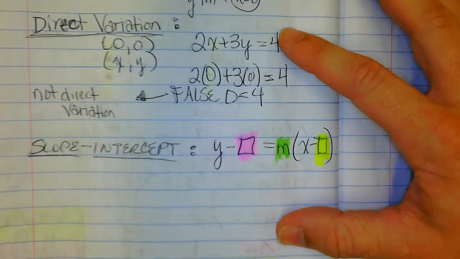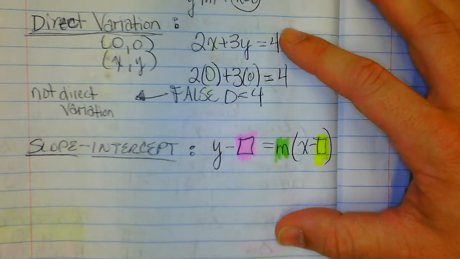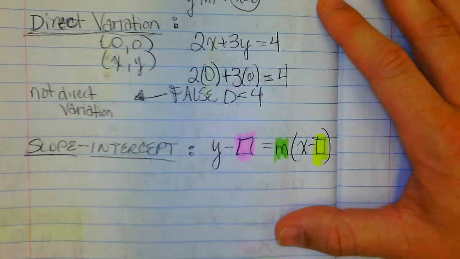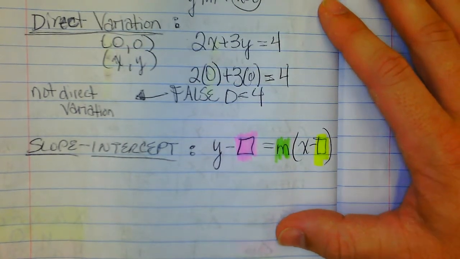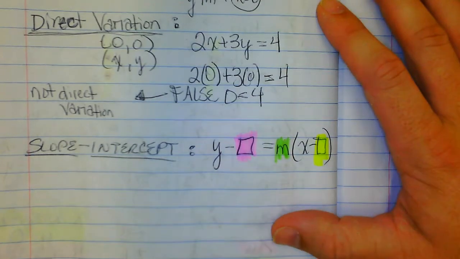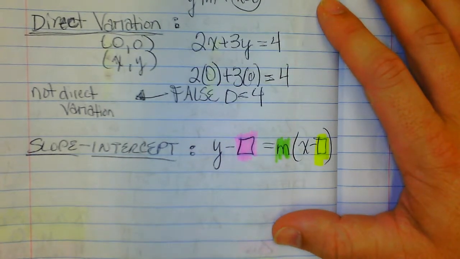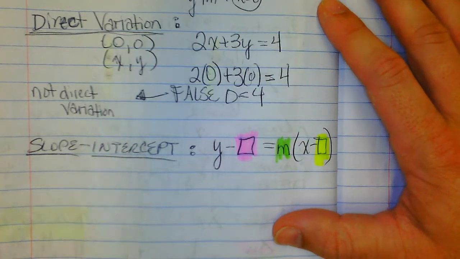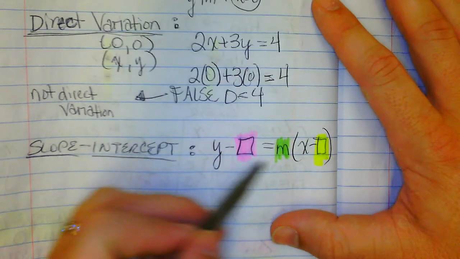Y minus square equals m parenthesis x minus square. And in those squares, we're going to put that coordinate point. So sometimes they give us 2 coordinate points, so we have to make the slope. Sometimes they give us the slope and a coordinate point. But we have to have these 2 pieces: the slope and the intercept.